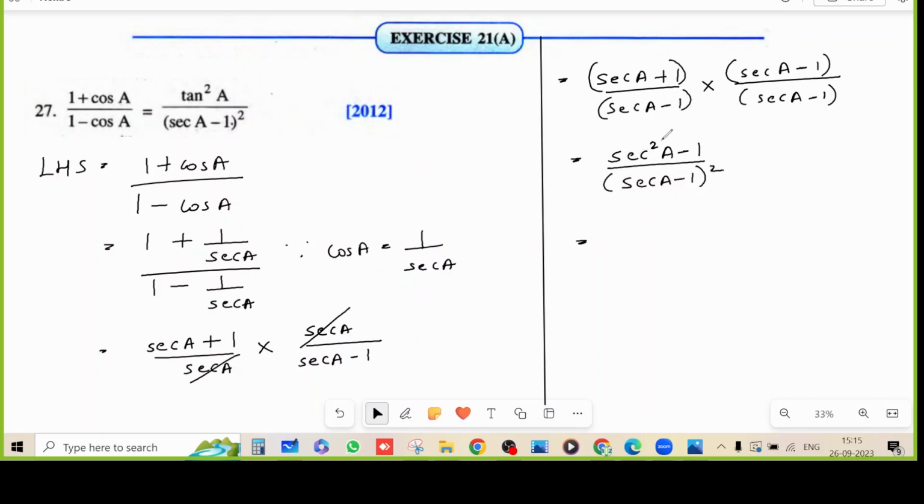Now we know that sec square A minus 1 is equal to tan square A, and sec A minus 1 will be written as it is. The identity that we have used over here is 1 plus tan square A is equal to sec square A. That means sec square A minus 1 is equal to tan square A, and here you can see this is equal to the right hand side. So hence we have proved that the left hand side is equal to the right hand side.